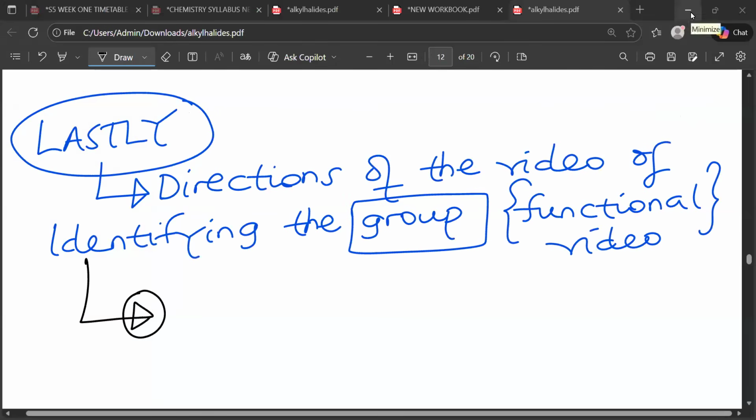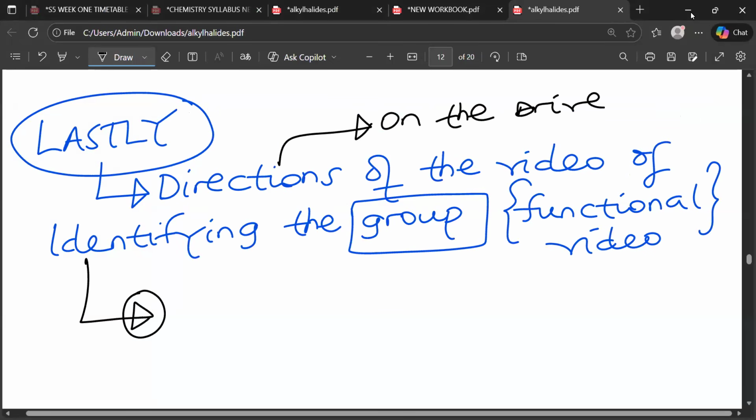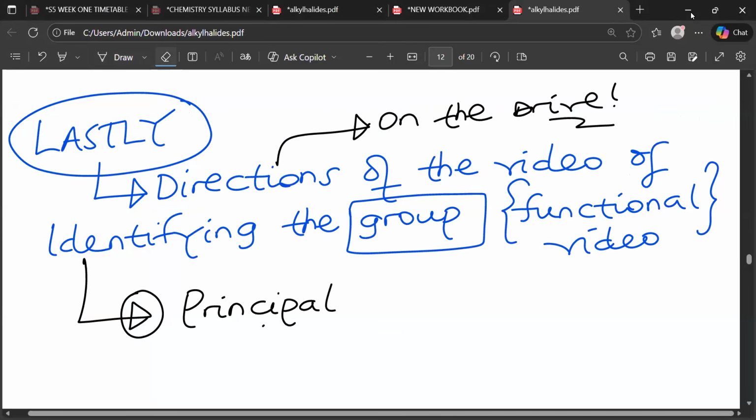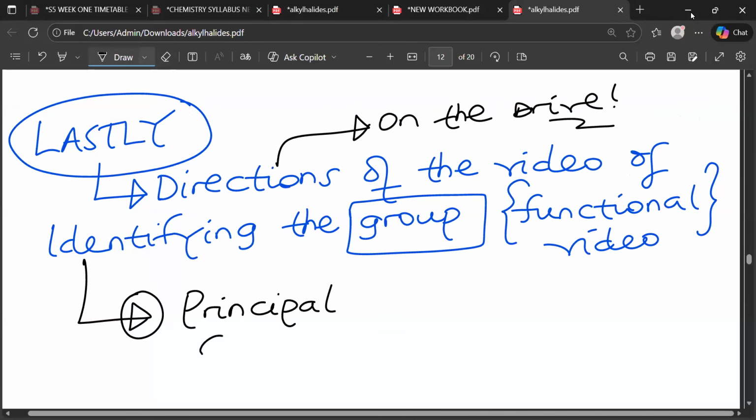It's present on the drive. So you go to principal chemistry. You can take a screenshot after the directions are done so that you follow up later.